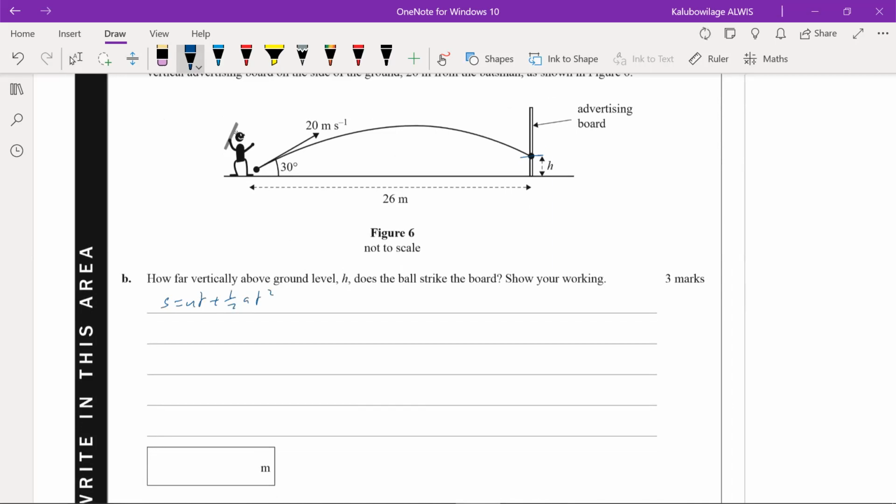It's 26 meters, and the initial horizontal speed is 20 cos 30, and a is 0. T comes to 1.5 seconds.